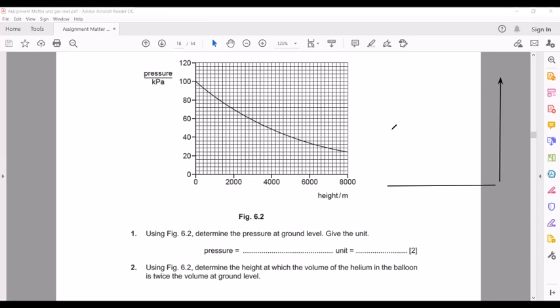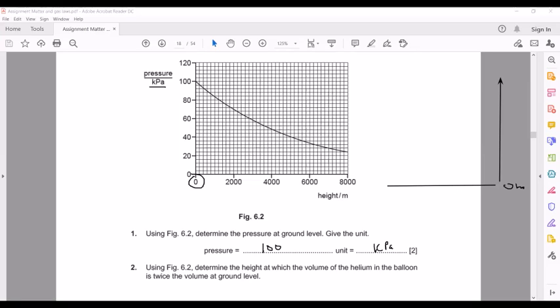Ground level means zero height. So at ground level, it is 100 kilopascal. So it will be 100 and the unit is kPa, or you can also say 100,000 Pascal, because 1 kilo means 1,000.